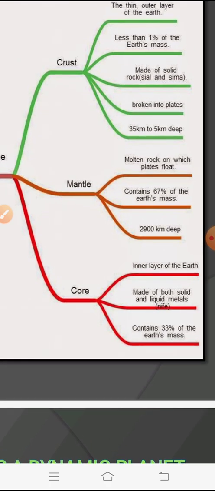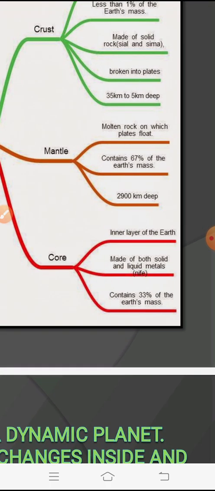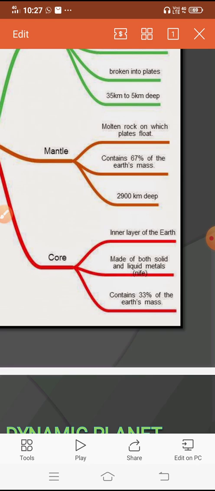The third and innermost layer is called the core, the inner layer of the earth. It is made up of both solid and liquid metals, that is called NIFE. It contains 33% of earth's mass.